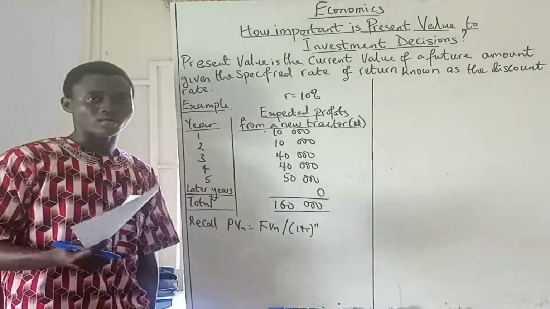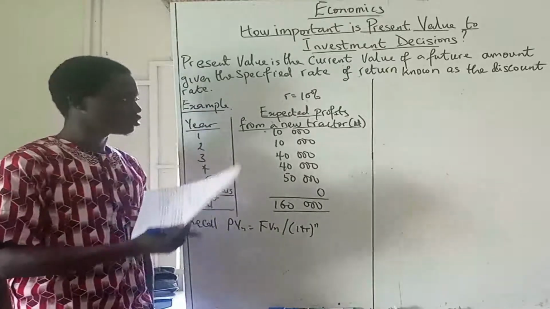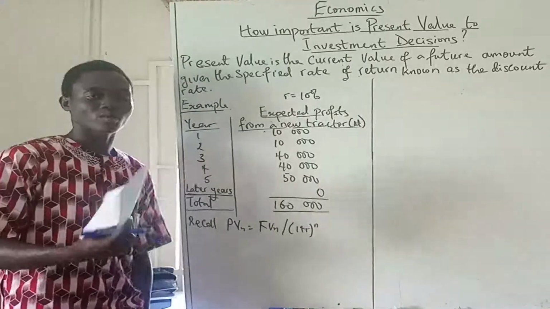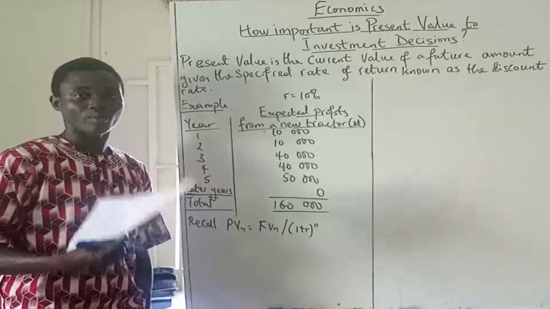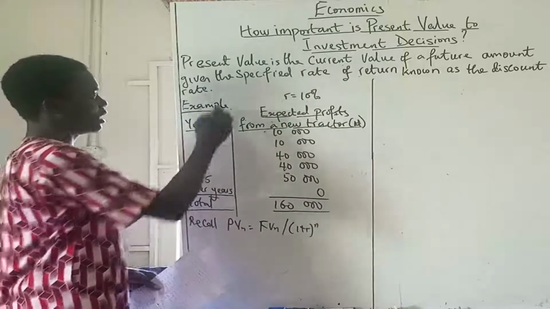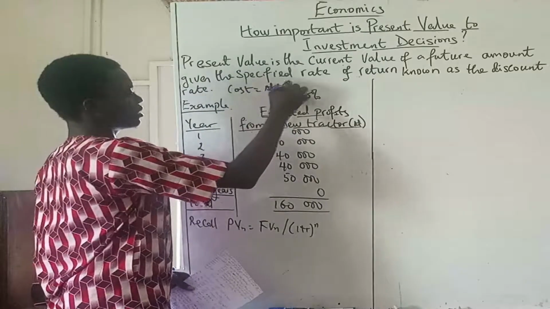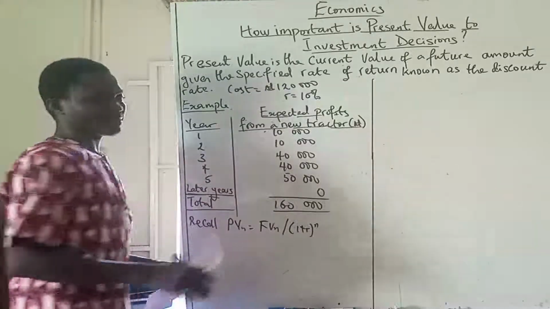So that's the capital outlay, right? But the firm has been able to come up with what it calls the expected profit from buying the new tractor, over 5 years.